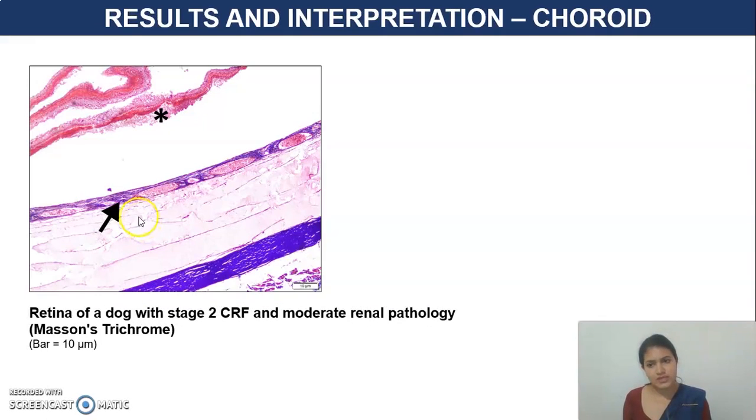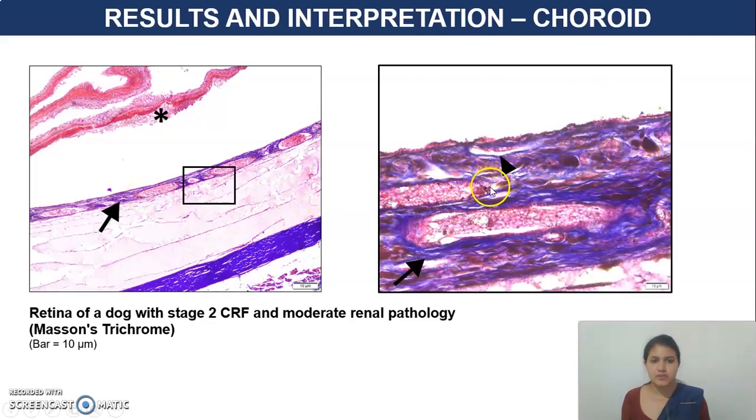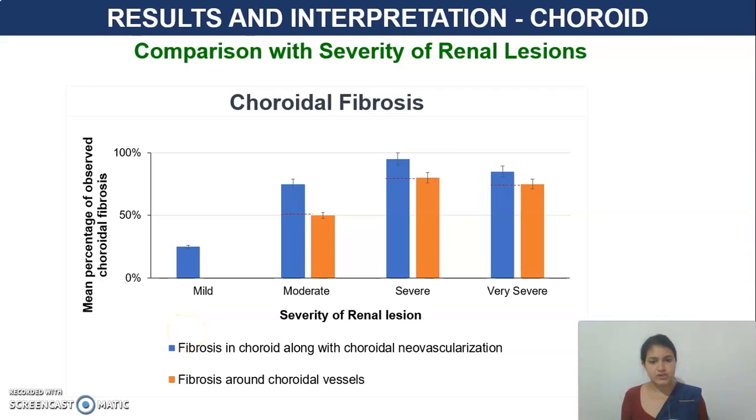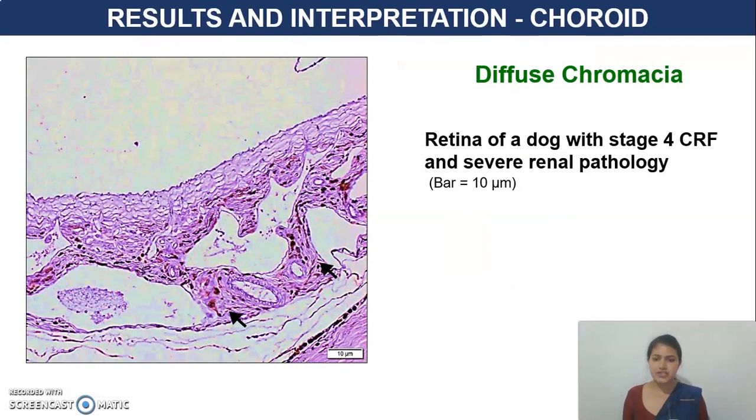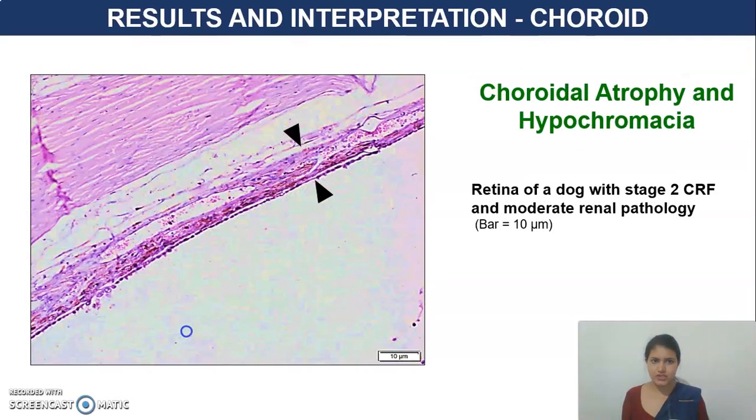And we have performed Mason's trichrome staining to stain collagen in choroid fibrosis. Here you can see a prominent fibrosis in the choroid and around the choroidal vessels as well. So when we compare these choroidal lesions, they have shown a progression along with the severity of renal pathology. And some additional lesions like diffuse chromatia, choroidal atrophy and hyperchromatia were observed in some cases.